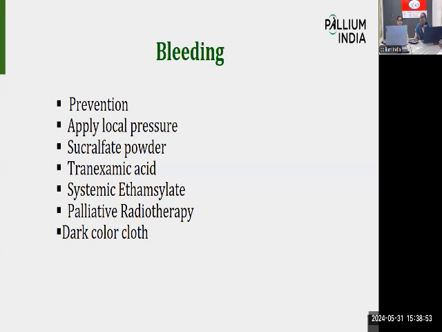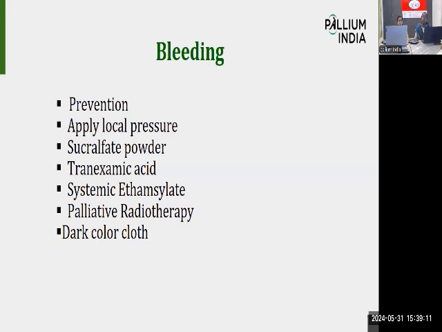Take a tablet, crush it, make it a powdered form and apply on the bleeding point. And then you can use tranexamic acid. If these measures fail, then you can think about systemic ethamsylate and palliative radiotherapy.